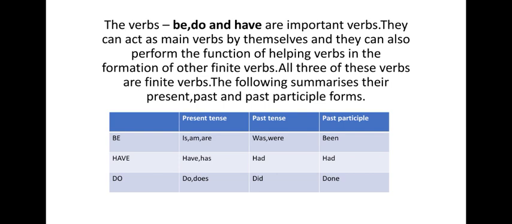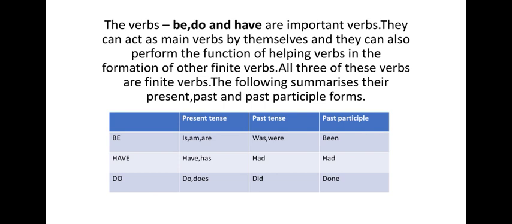Now, in the first table, if you see the forms of be, we have is, am, and are. Is is used for singular. Am is used for the subject I, and are is used for plural subjects, right? In the past tense, we have was or were.